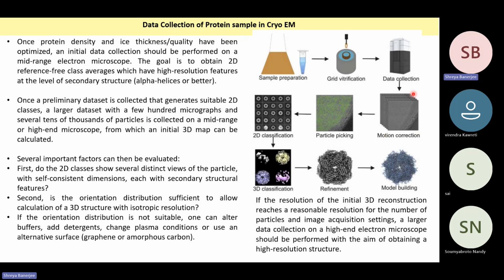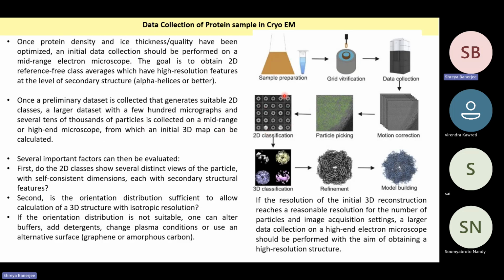This initial data collection is to find out what the different kinds of 2D projection you can get. So basically to find out the different 2D classes. Once you have the 2D classification, you can generate a few hundred to tens of thousands of other 2D images on a better resolution microscope.